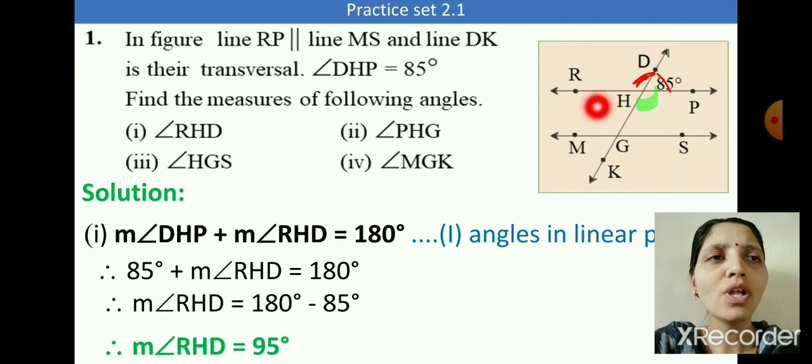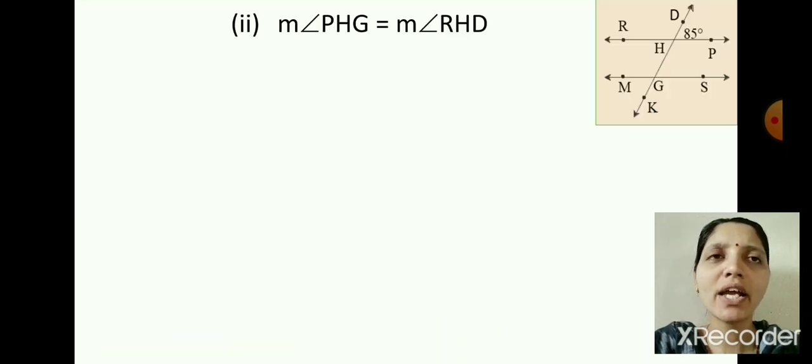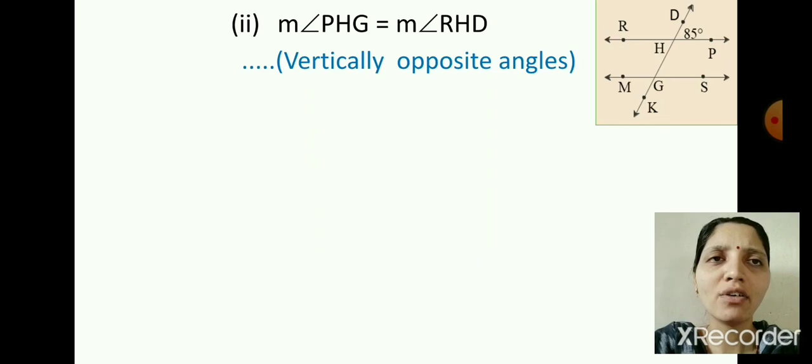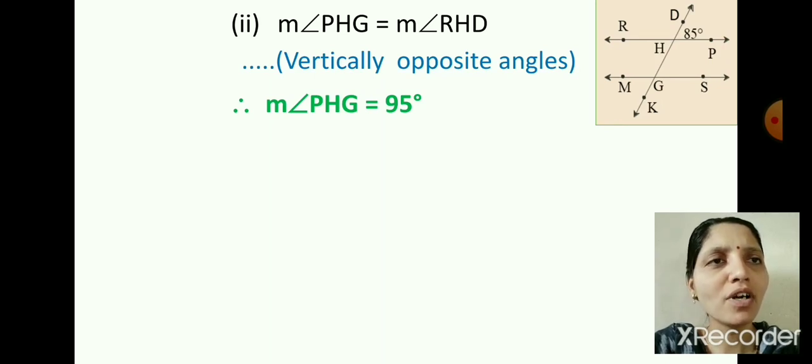So from this relation, angle RHD is equal to angle PHG because they are vertically opposite angles. So let's write down measure of angle PHG is equal to measure of angle RHD, and the reason as vertically opposite angles. Therefore, measure of angle PHG is equal to 95 degrees because measure of angle RHD is 95 degrees.